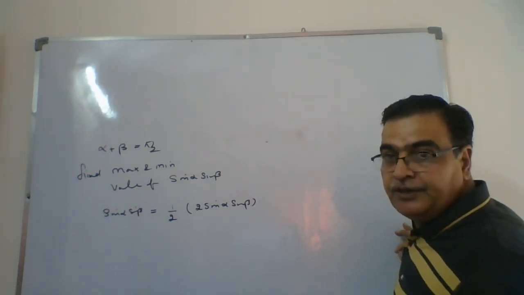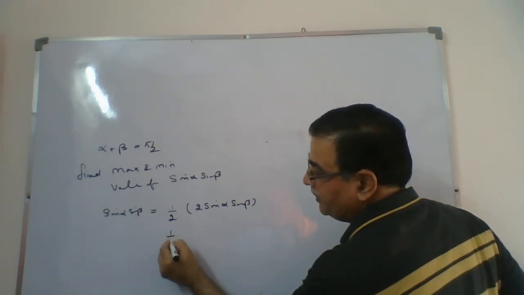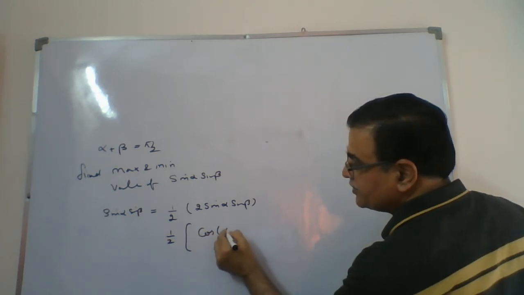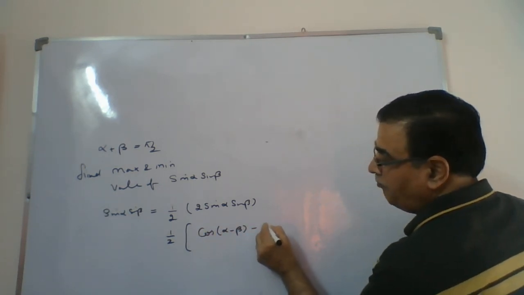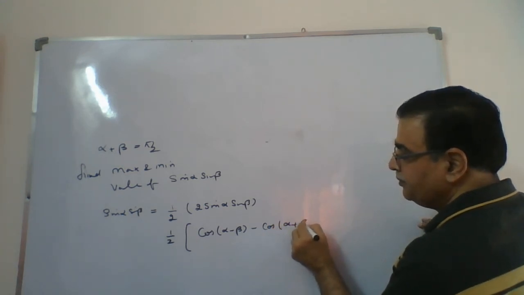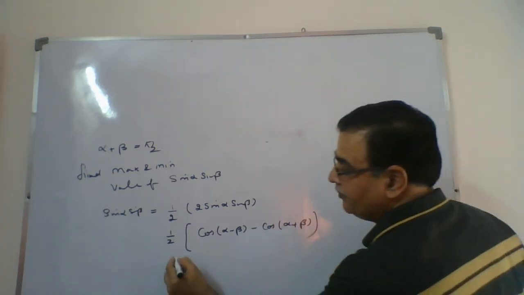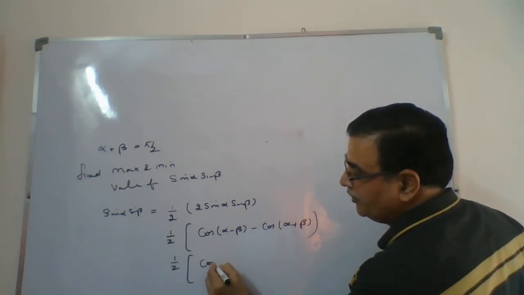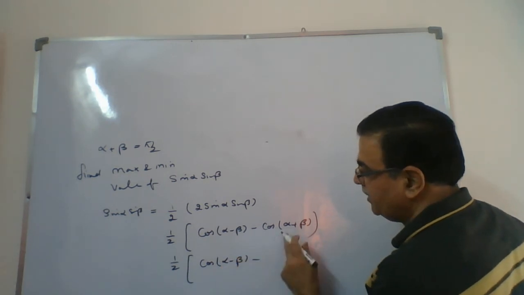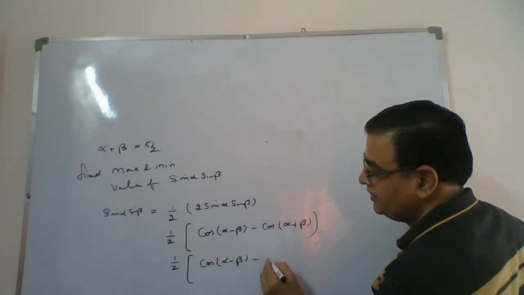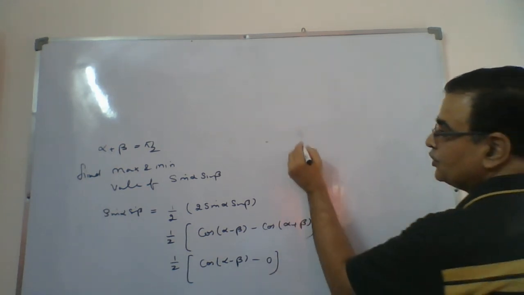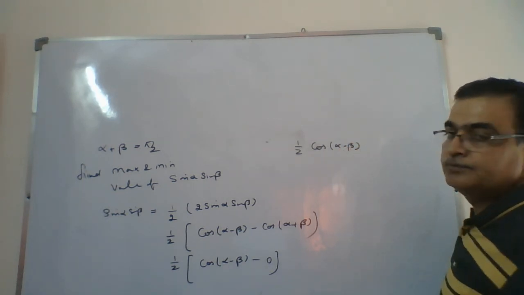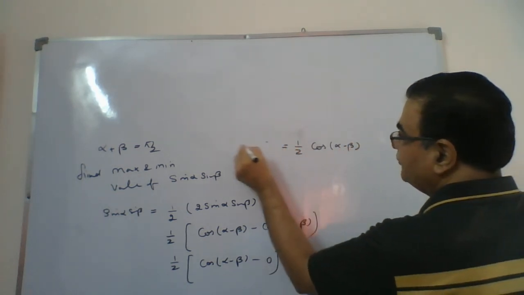Sine alpha sine beta will be half of 2 sin A sin B. The formula says cos(A minus B) minus cos(A plus B). So cos(alpha minus beta) minus cos(alpha plus beta) will come. Cos(alpha plus beta) is cos 90, that is 0. So it comes out to be half cos(alpha minus beta). This is your sine alpha sine beta.